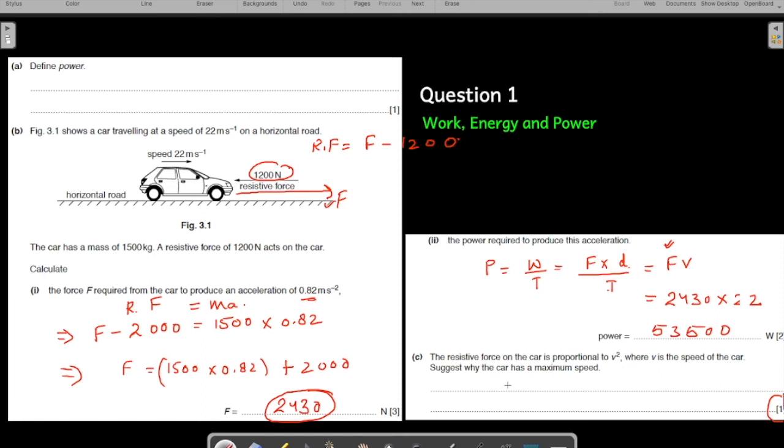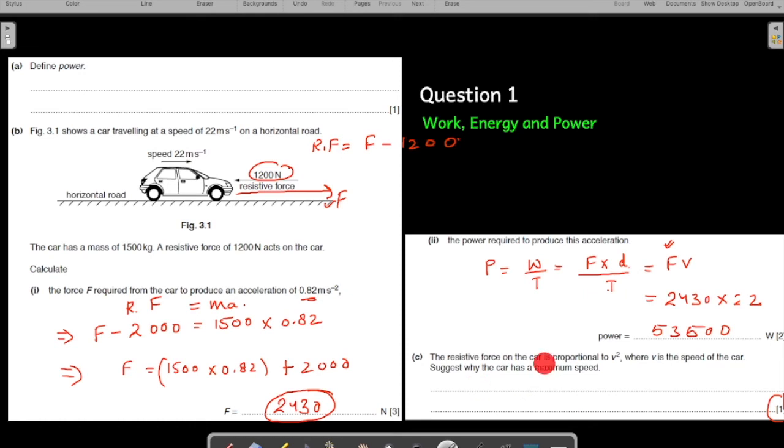So as the speed increases, the backward air resistance will increase. I'll also post my theory video on terminal velocity in the description box. Go through it. Because of the presence of terminal velocity, you have a maximum speed of any moving object. So what happens at the maximum speed?